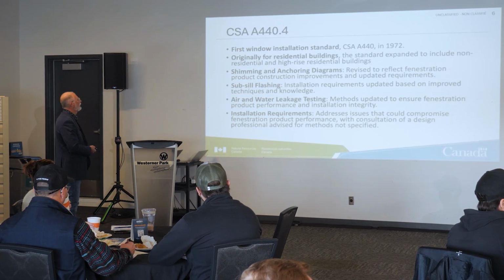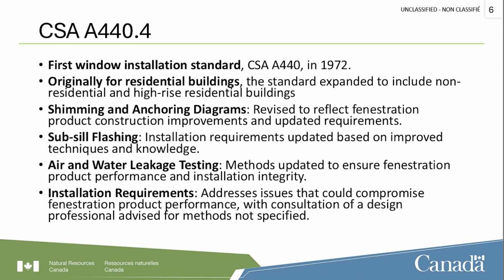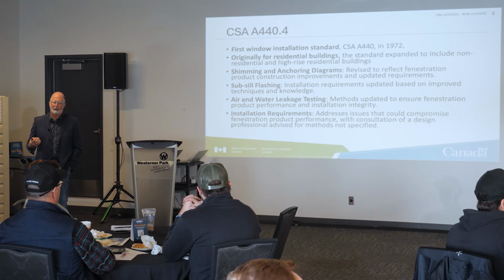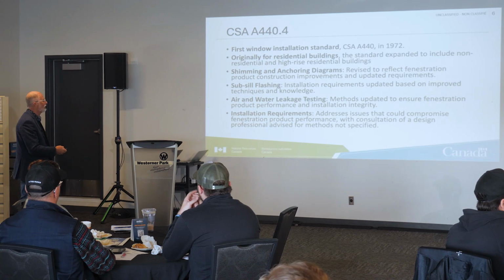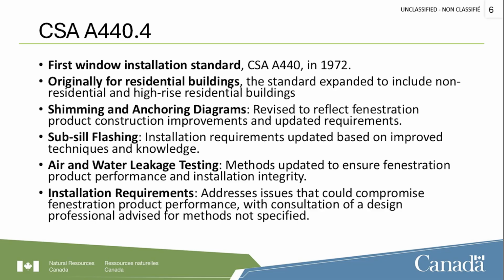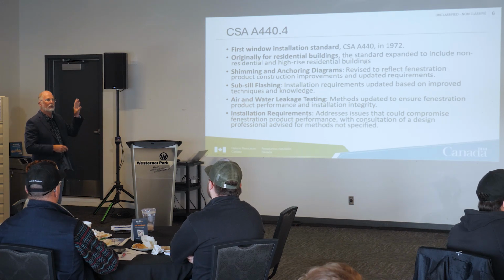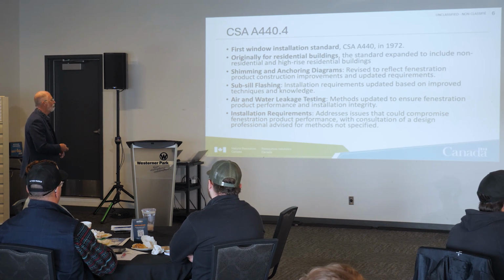All right, so some of the key components of the CSA 440 are the fact that it is dealing with window installation for residential buildings and for retrofits, and it's focused on wood frame construction. We talk about shimming and anchoring. Now, we don't see a lot of anchoring and shimming with regard to vinyl flanged windows, but if you're putting box windows in, those are critical details that need to be done.